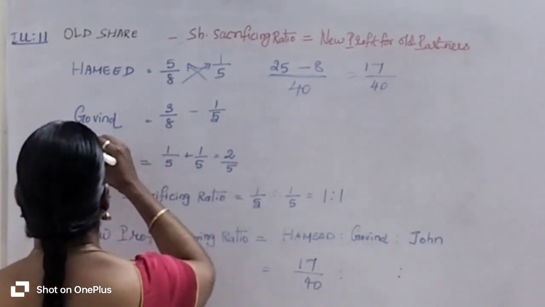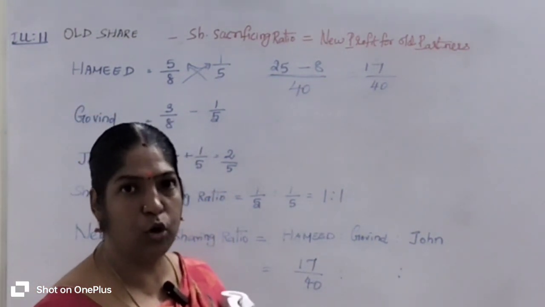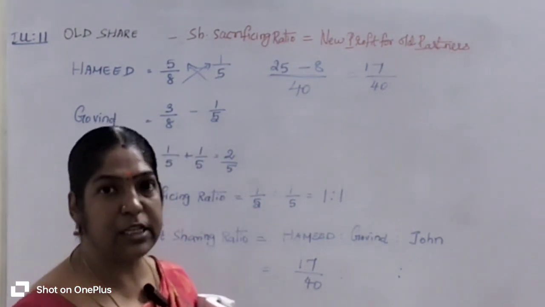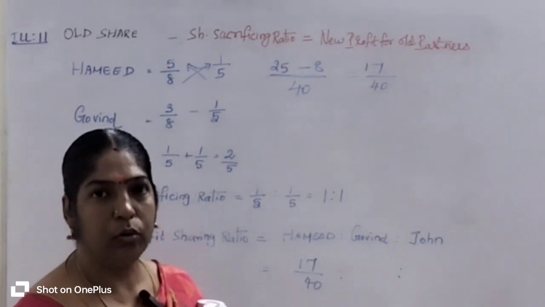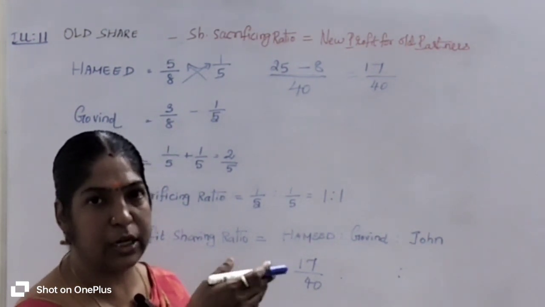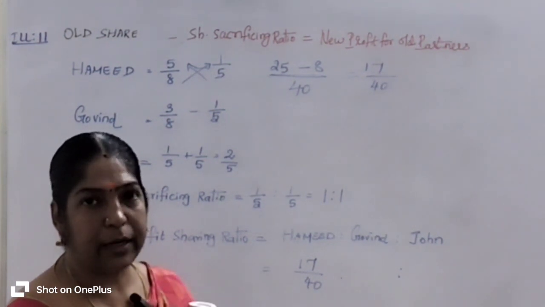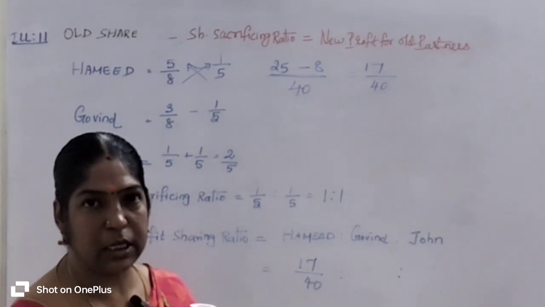Then we calculate Govind's new profit sharing ratio. Govind's old profit sharing ratio is 3/8. He sacrifices 1/5 of his profit to give to the new partner John, so his sacrificing ratio is 1/5. Now we subtract: old profit minus sacrificing ratio.